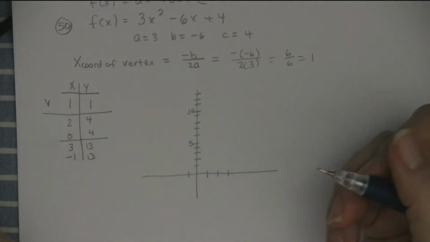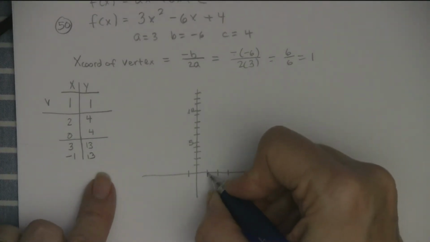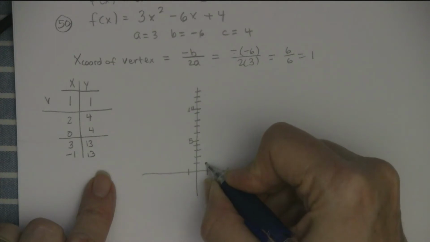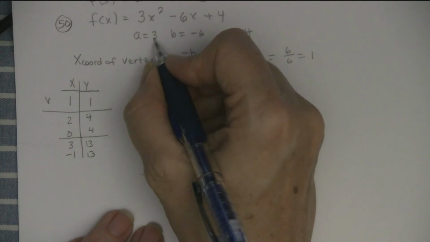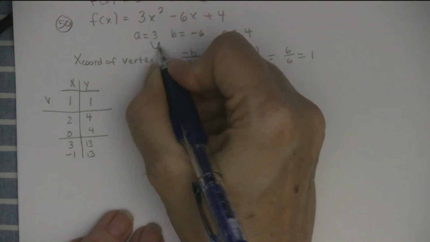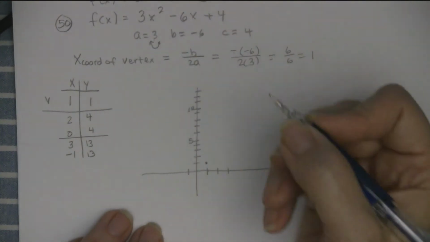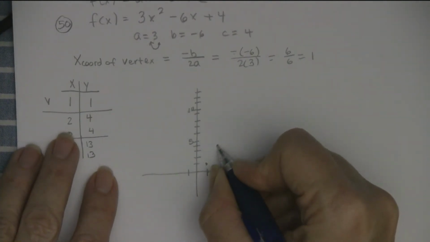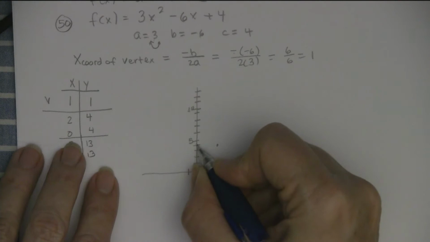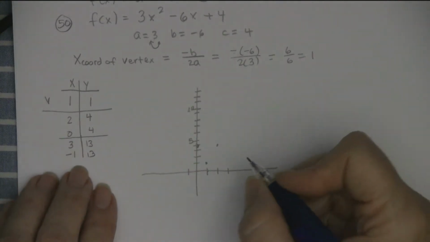And I don't have grid paper, but you can get grid paper. I just don't happen to have it on me. 1, 1, that's the vertex. And this parabola, because a is positive, I expect that it's going to be opening upward. So 2, 4, and 0, 4. You can see that it's kind of a skinny parabola.